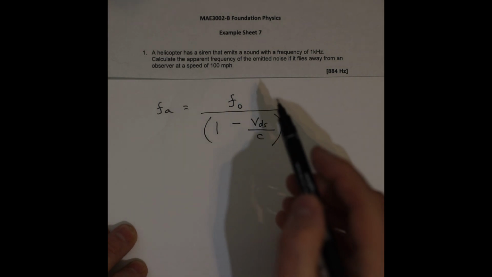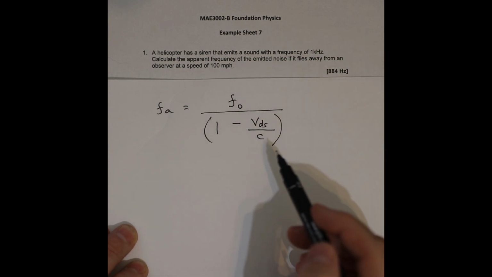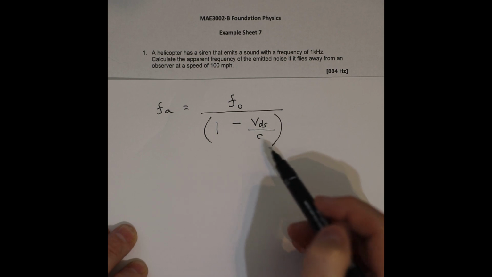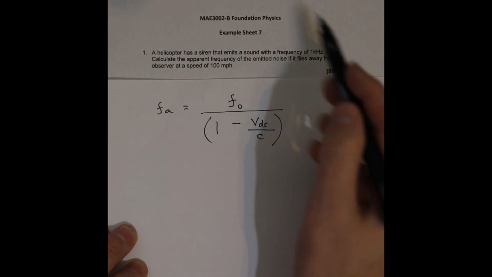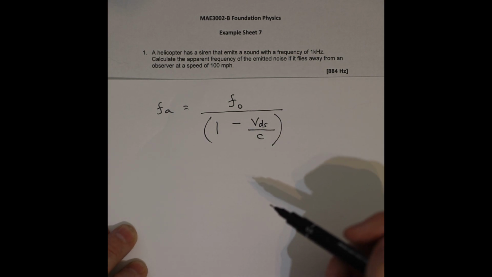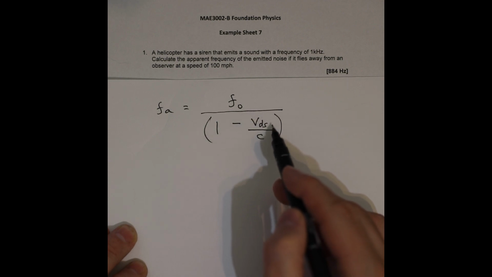The problem we have at the moment is we already know this f0 value here. That's just the 1 kilohertz, so we can put that in the equation. We know the speed of sound as 340 meters per second. That's the standard one we use. It should really be given in the question. But if you assume here that c is 340 meters per second, then what we don't know at the moment is the velocity here.